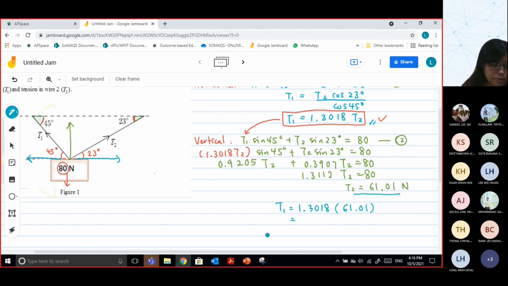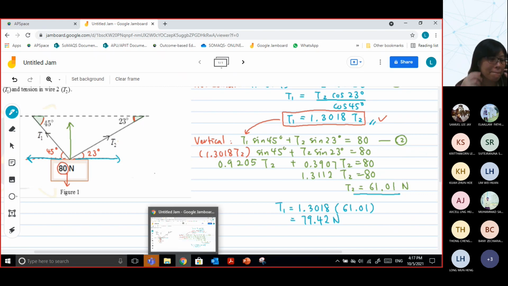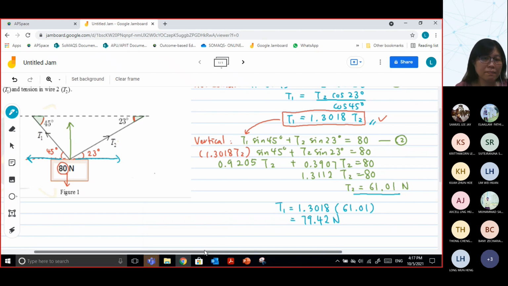So I get 79.42. Okay, 79.42. So is that clear now with the second problem?